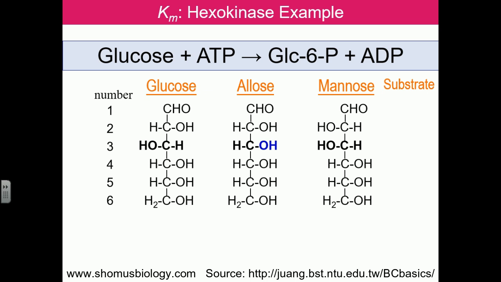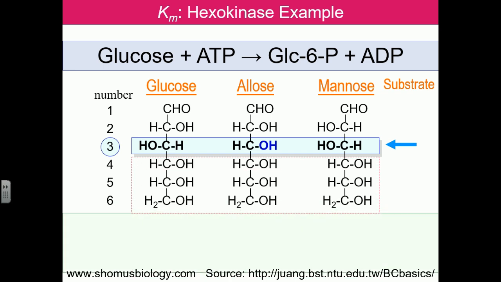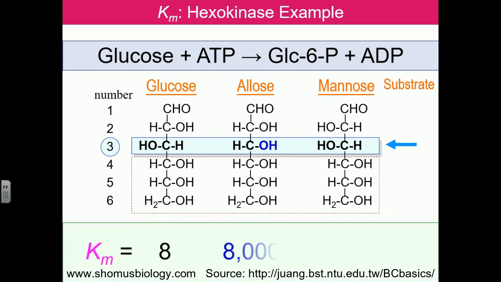So if you look here, glucose and mannose have a greater affinity. So the value for Km is low, so they have a better affinity. If you look at the structure of these 3 monosaccharide molecules, the carbon 3 hydroxyl group was found above the 3-dimensional formation, and it has a great influence on the hexokinase and glucose performance.